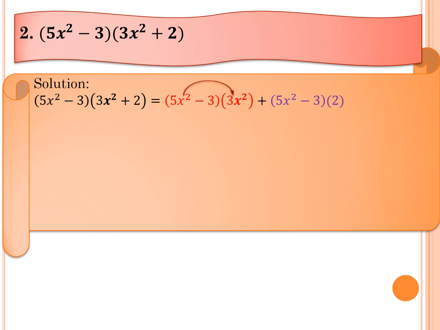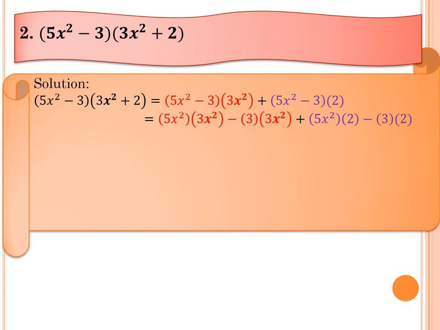Okay? So, let's focus first on the red one. We distribute 5x squared to 3x squared. So we will have this one, the first term of our next step. Then, for the second term of the next step, we will have negative 3 times 3x squared. Okay?